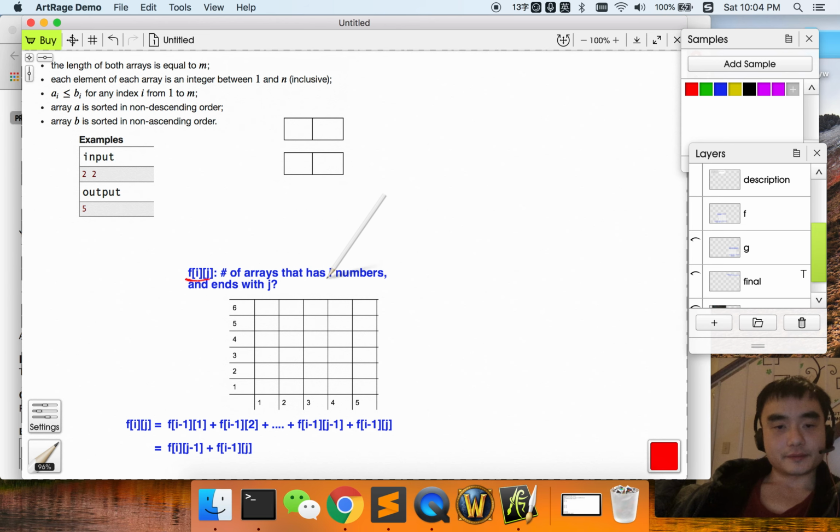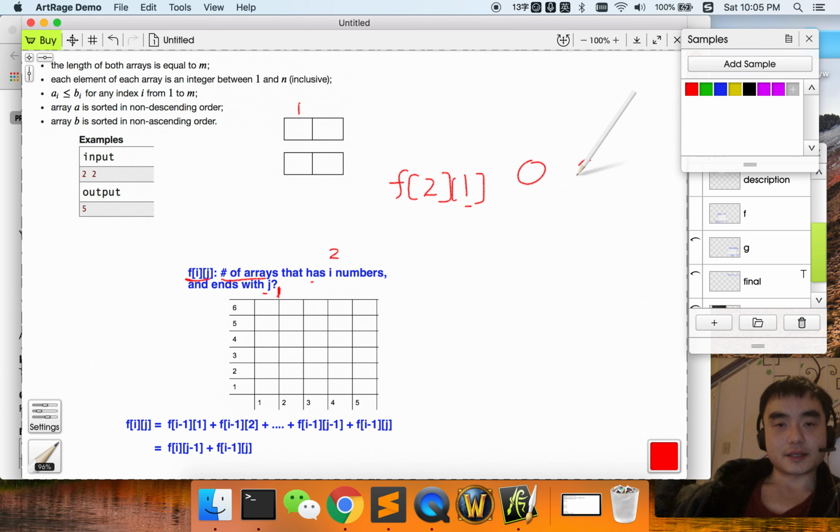What does that mean? So let's say we want to calculate F21, all right? So F21 means the number of arrays that have two numbers, right? And end with 1, right? So we have two slots here.